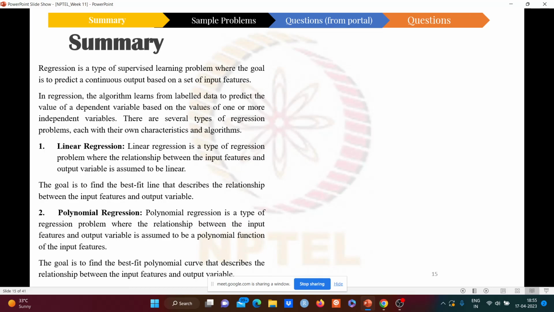Linear regression tries to build a linear relationship between the input features and the output predicting variable, whereas polynomial regression uses polynomial terms. So in linear regression, we only see x, y, z terms. But in polynomial regression, you see x square, y square, z square, xy, yz, and zx kind of combinational features.